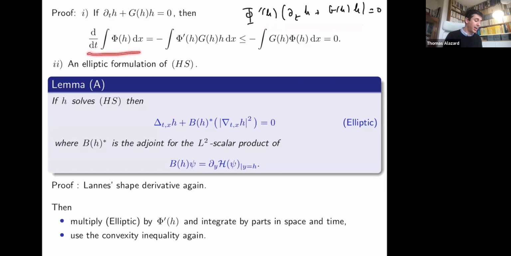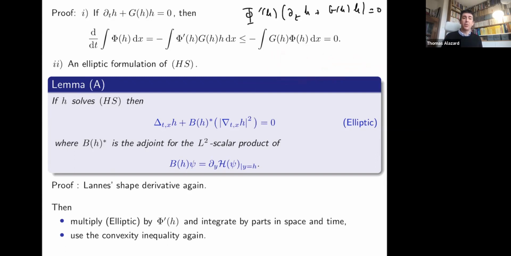You get that the time derivative of Phi of h is equal to this, and then you use the convexity inequality proved before to rewrite this in this way, and you further use the fact that the integral of the Dirichlet-to-Neumann operator is always equal to 0. So the fact that it is a Lyapunov functional is just a consequence of the convexity inequality.